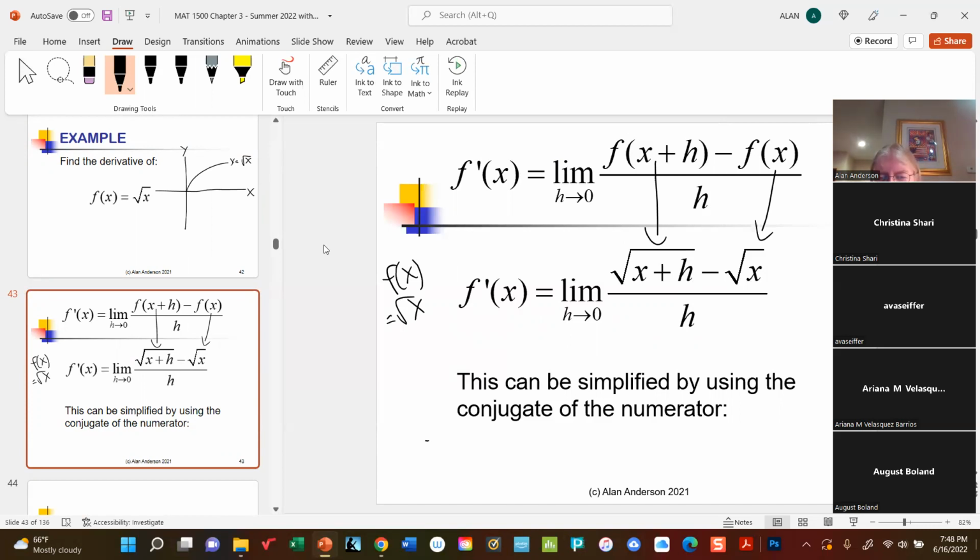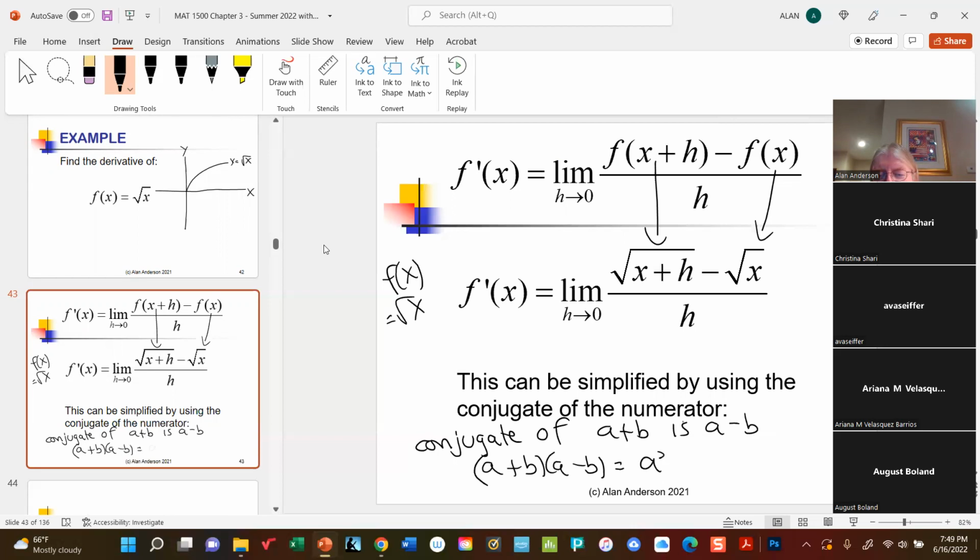So let's remind ourselves, the conjugate of a plus b is a minus b. And the product of these two is guaranteed to be simply a squared minus b squared. So does that give us ideas? Yes, it does.